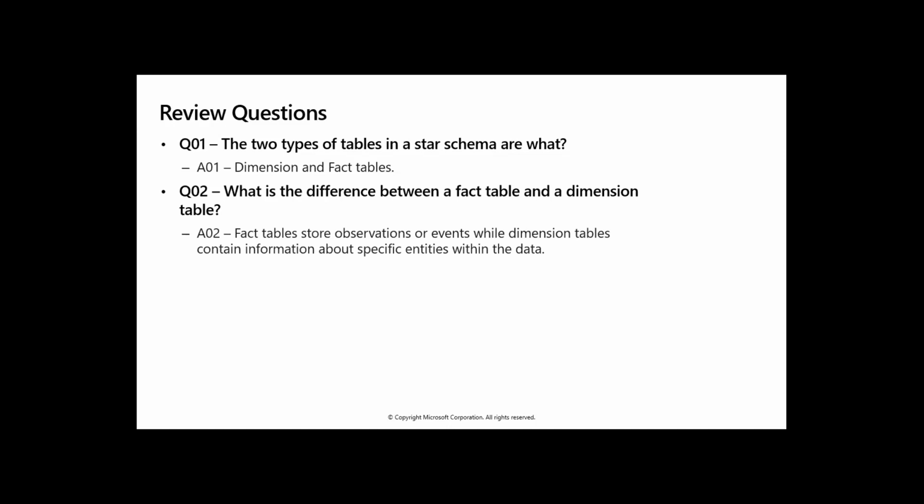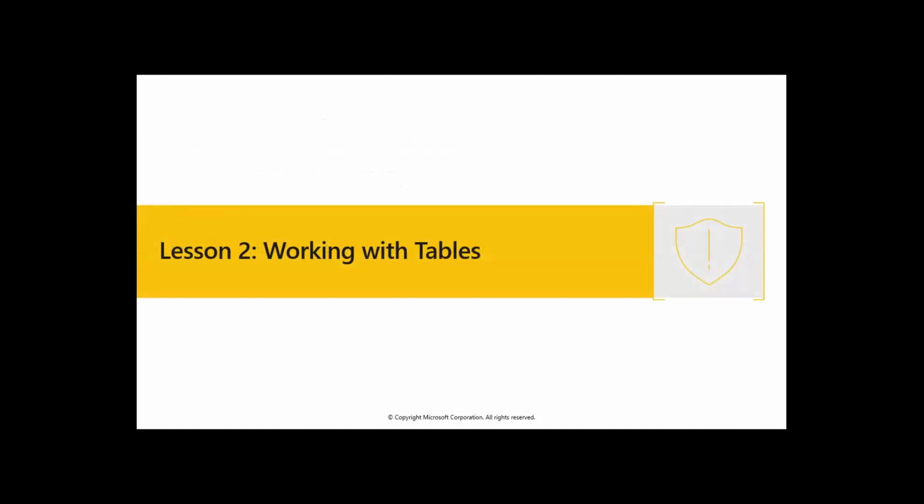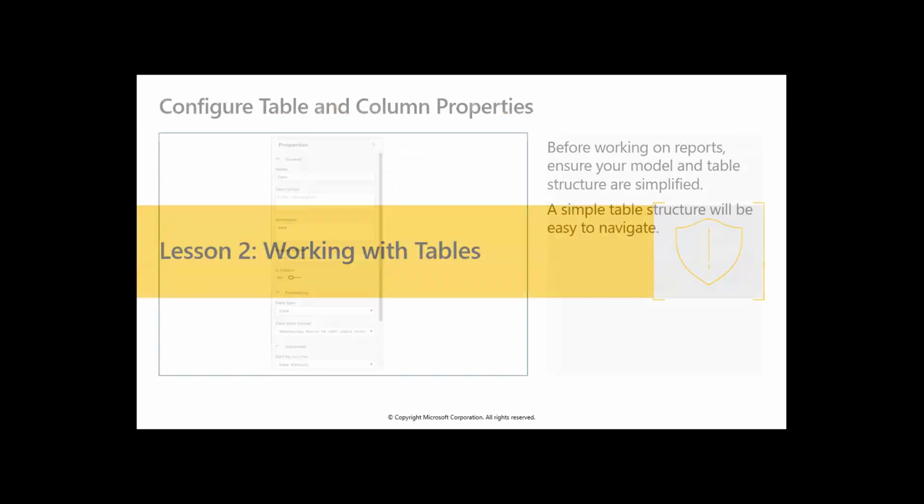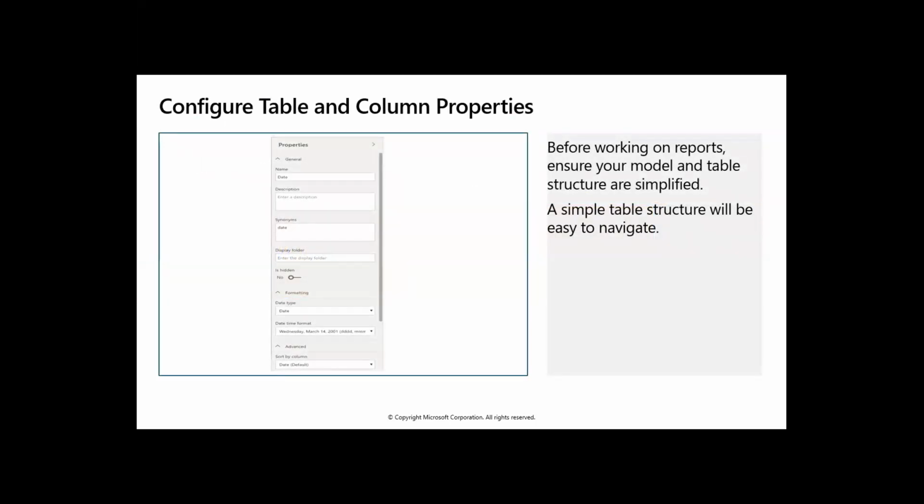So that's our fact stores observation or event, while dimension tables contain information about a specific entity with data. So let's move on. Next thing is working with tables. What does that mean? When users see fewer tables, they will enjoy using your data model considerably more.